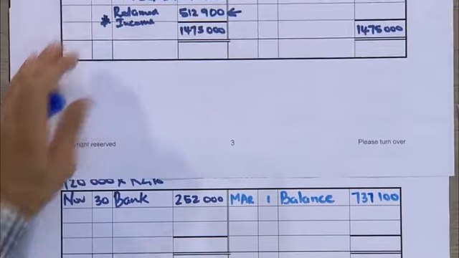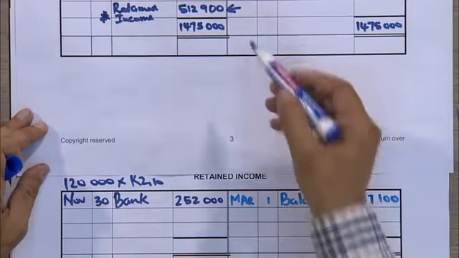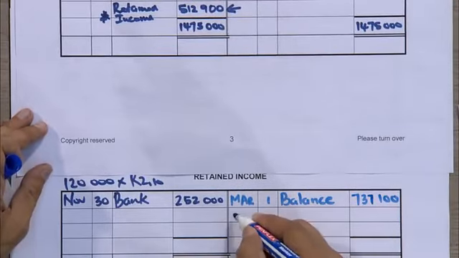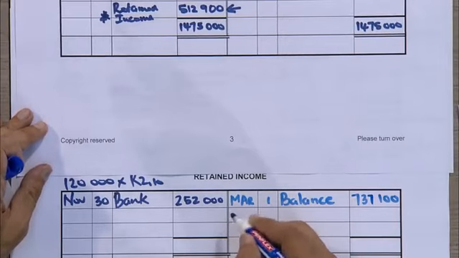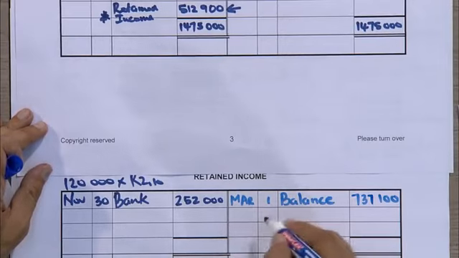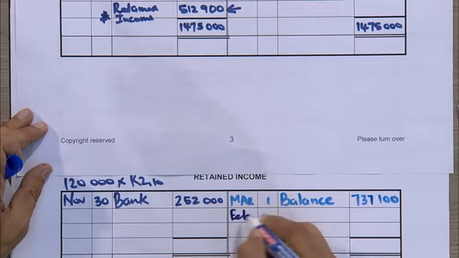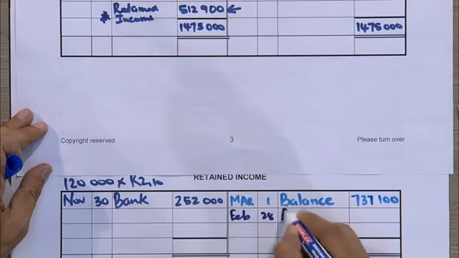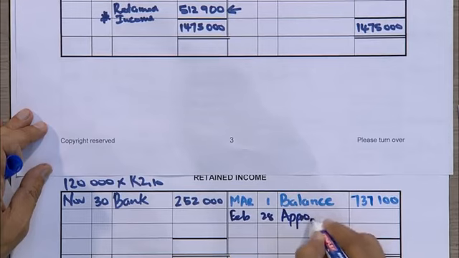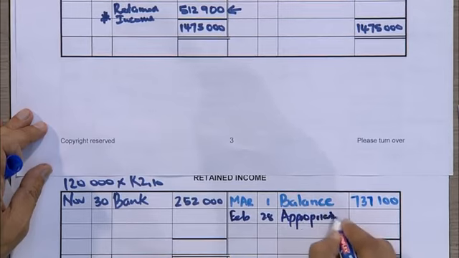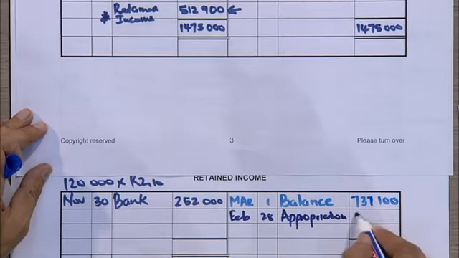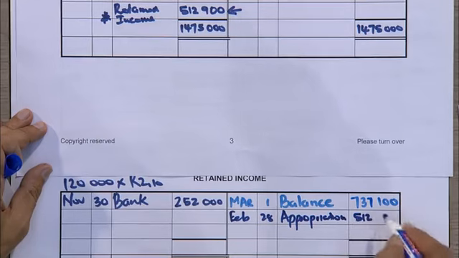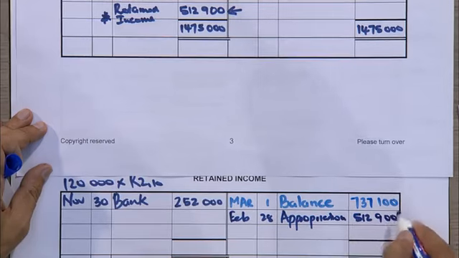So when we're coming back to the retained income, right, there we go. The figure for the appropriation will then just be Feb 28, $512,900.